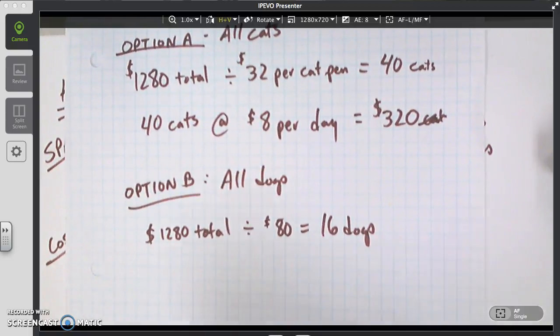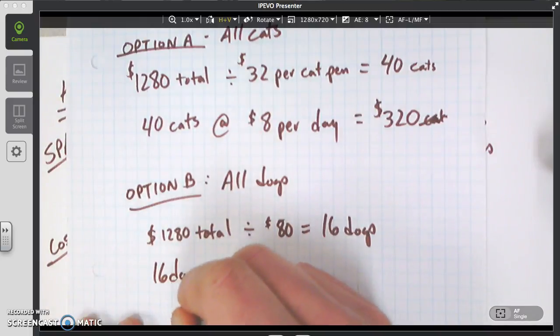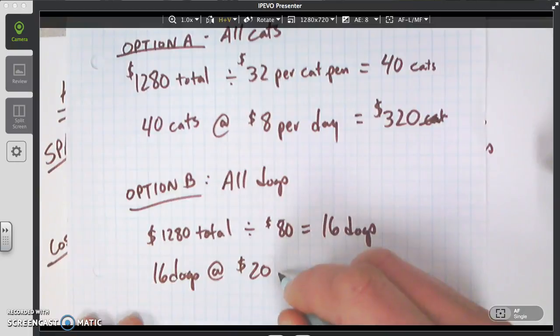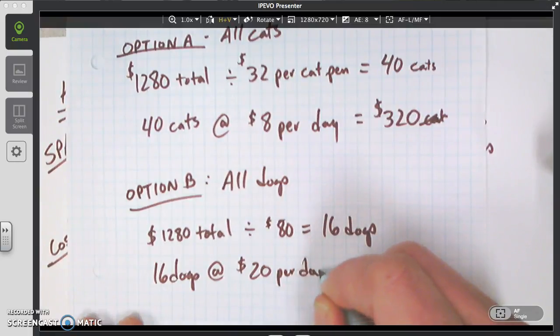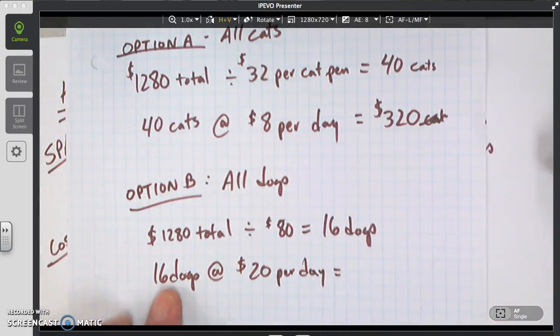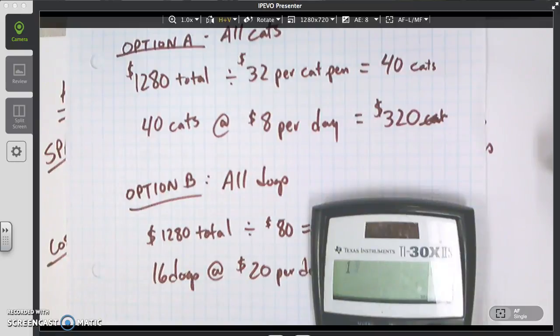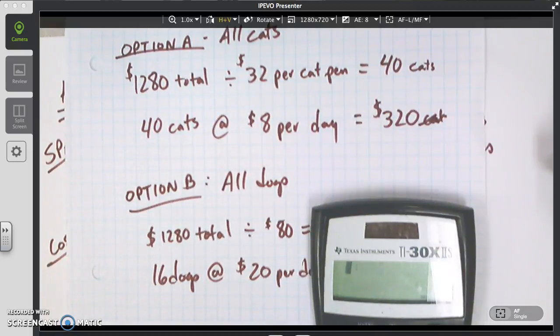Okay. So let's go back to the revenue. 16 dogs at, they get $20 per day for dogs. So 16 dogs at $20 per day. Take a look. 16 times 20 is 320.